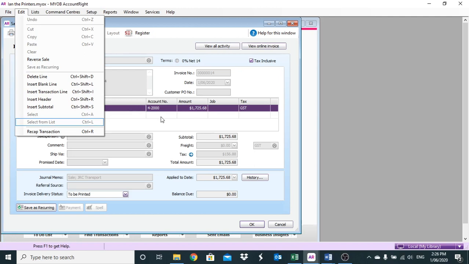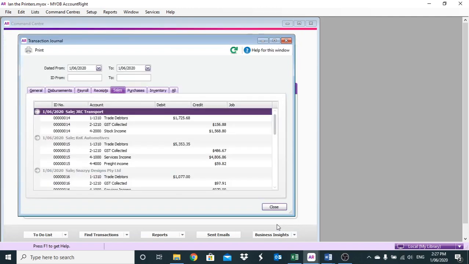So if, for example, an issue has been realised, someone has incorrectly reversed something or whatever the case is, you're able to see exactly what's been done, which invoice has been reversed and what they've done. It will appear in your transaction journal. Whereas if you were to delete it, there is no evidence left in the system for you to find that transaction. So that's what that's all about.